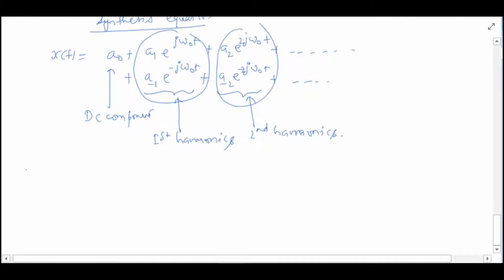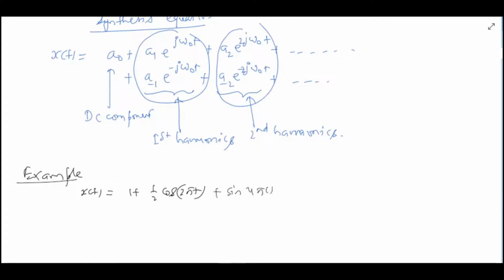Let's take an example. Let x(t) be 1 plus half cos 2 pi t plus sine 4 pi t plus 2 by 3 cos 6 pi t.